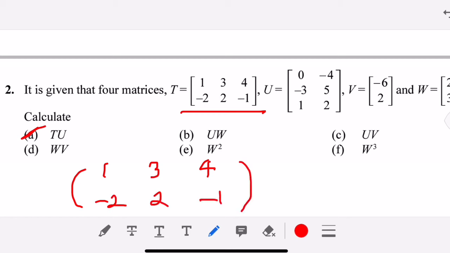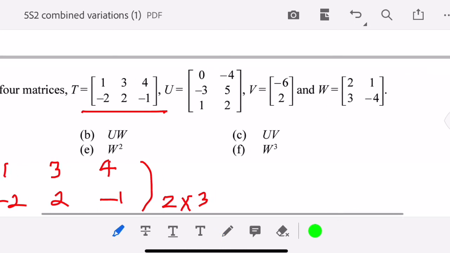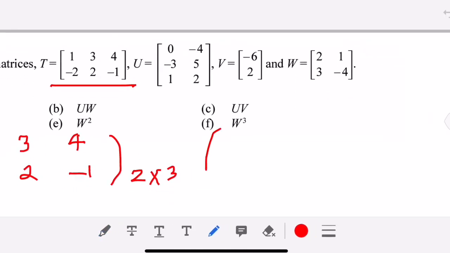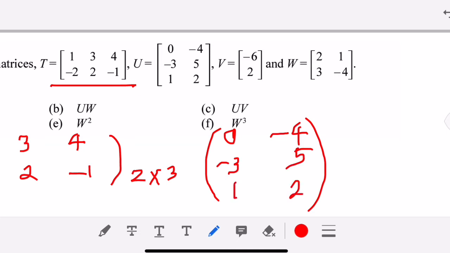The T is going to multiply with the U. So the order is 2 by 3. Then the U is 0, negative 4, negative 3, 5, and 1, 2. It seems like it's having 3 rows and 2 columns.